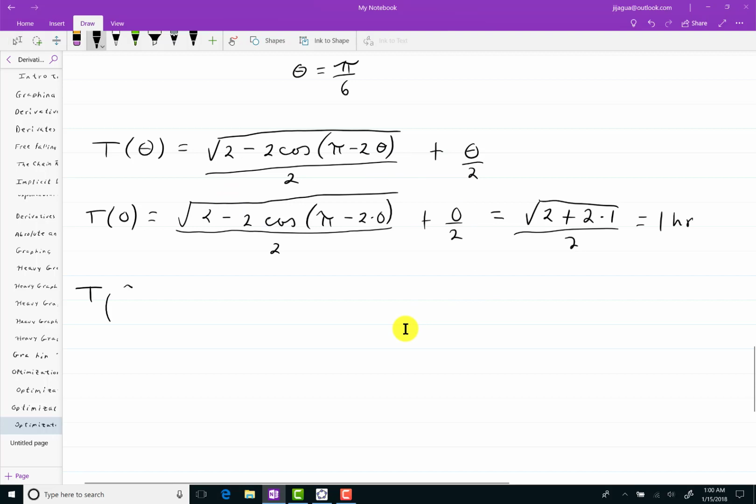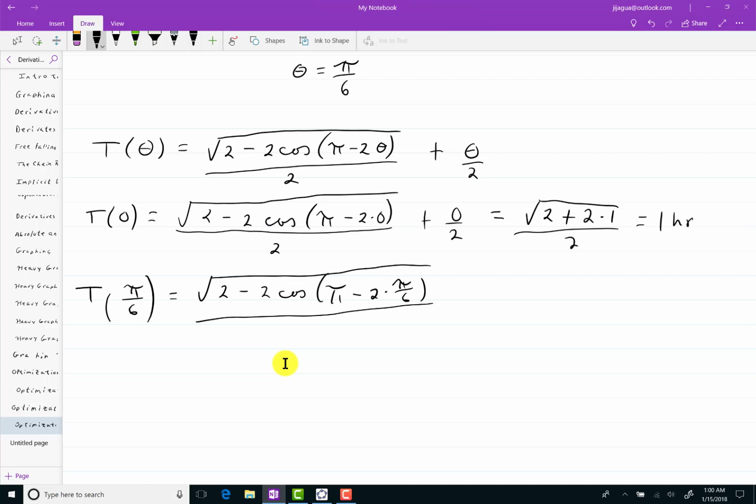T of pi over 6, and that's something between 0 and pi over 2. Remember, you had to pick whatever your solution to be so that it works out in the interval that we're working in. That is the square root of 2 minus 2 cosine of pi minus 2 times pi over 6, all of that divided by 2 plus pi over 6 divided by 2.